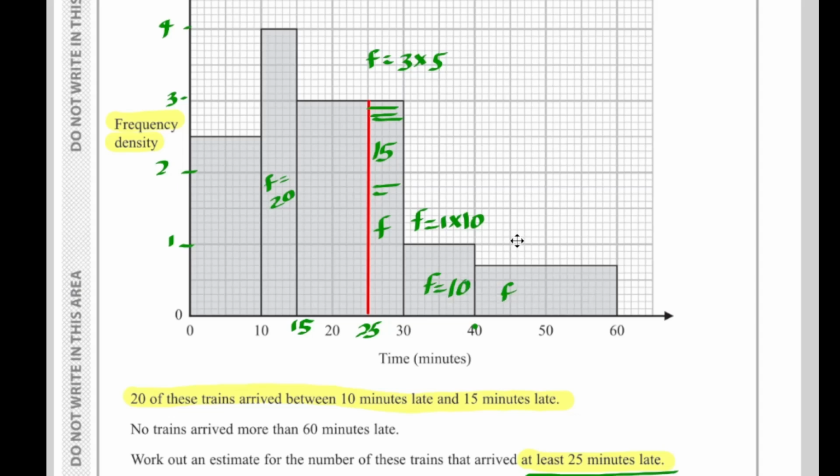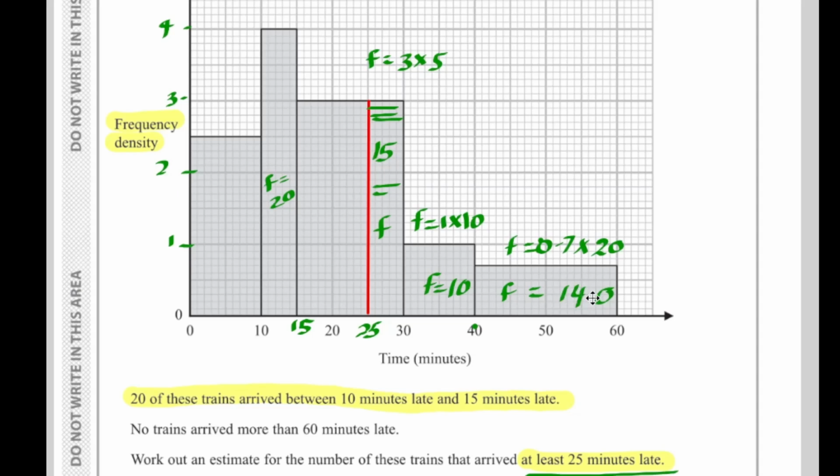Then frequency for this one again, frequency equals frequency density, which is all the way up to here 5, 6, 7, 0.7 into class width is 20. Then 0.7 into 20, which is 7 times 2, 14.